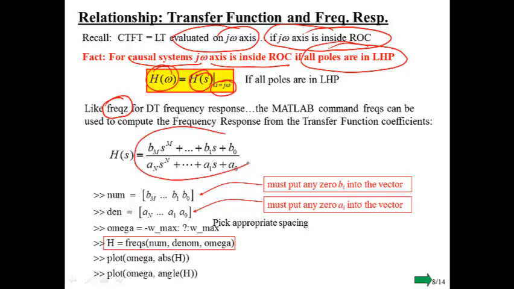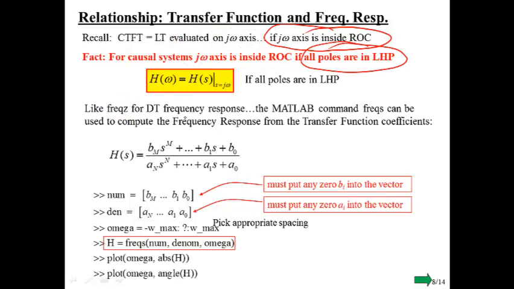You look at your transfer function, you grab the coefficients, you put them into numerator and denominator vectors, and then you put those into your freqs command, and you have to tell it what frequencies you want it to evaluate, and you need to pick a specific appropriate spacing there. So that takes a little bit of judgment and insight to be able to do that.